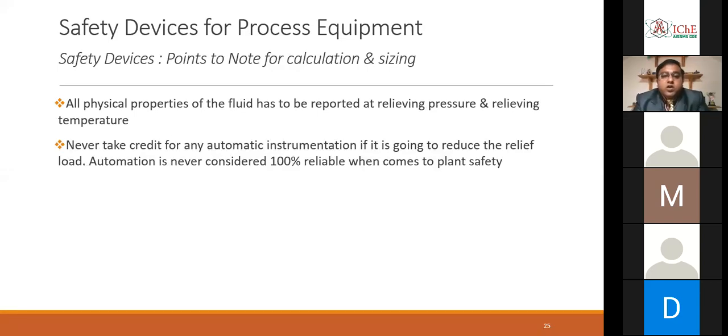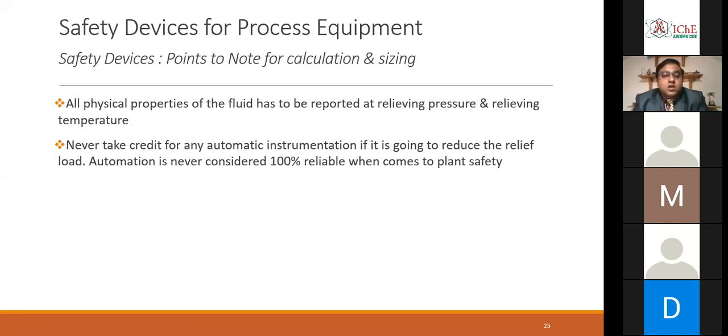Never take credit for any automatic instrumentation if it is going to reduce the relief load. Say you are doing an abnormal heat input, and you say, hey, there is a trip function there, so if the temperature reaches 80, it will close the steam valve, so I don't need to worry, it is not a relief load, done.